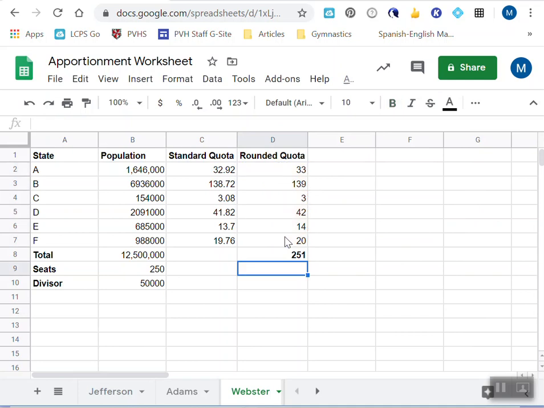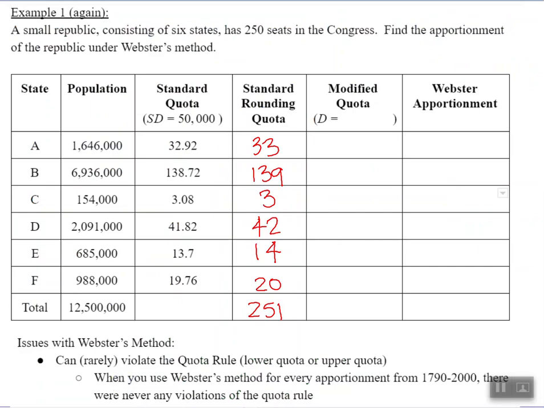Right now, I am giving out 251 seats, but I only have 250. I'm going to go ahead and write this down on my slide, and then we'll come back and modify the divisor. So, all I did was round the standard quotas the normal way, where if the digit after the decimal point is 5 or higher, you round up. If it's 4 or lower, you round down.